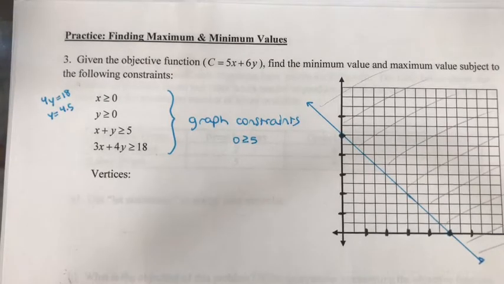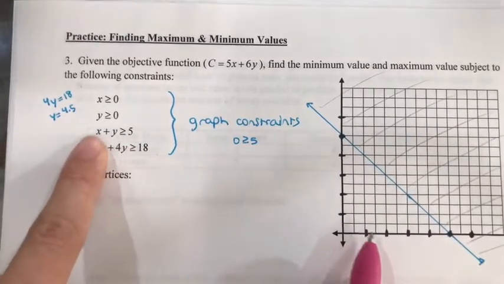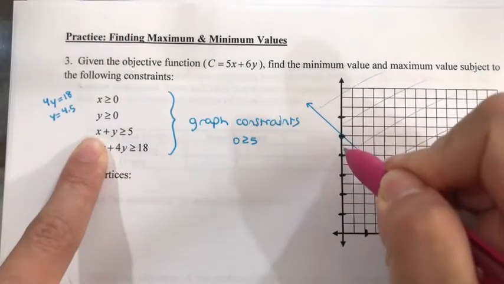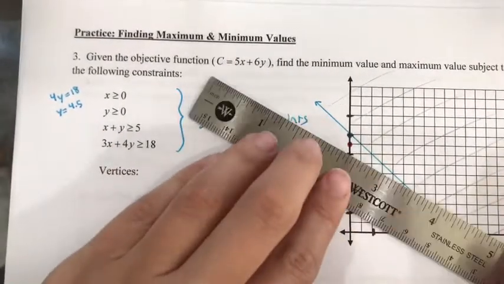Let's do the same thing for the next line. My x-intercept is 6. The y-intercept we said was 4.5. Get the straight edge on there.